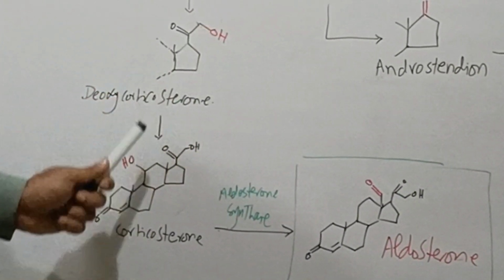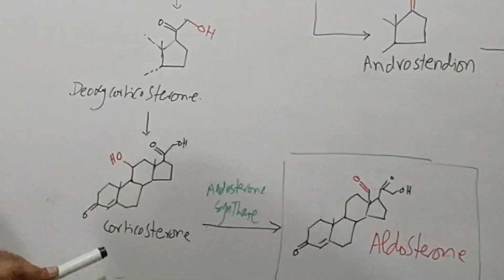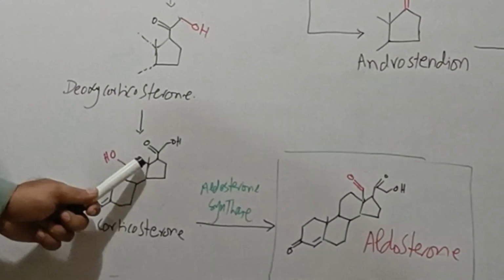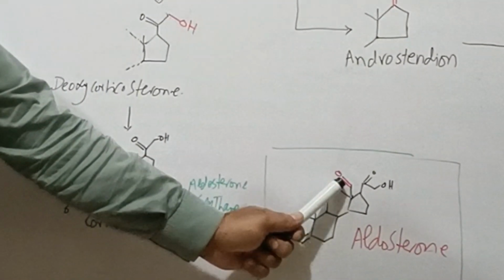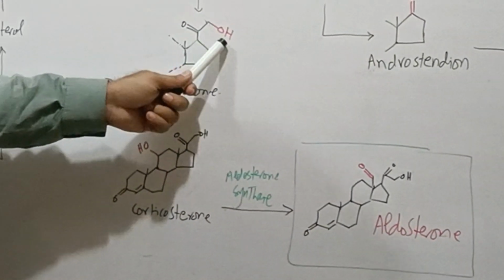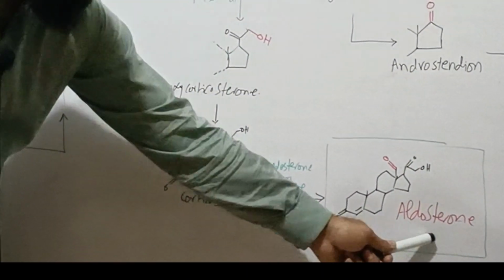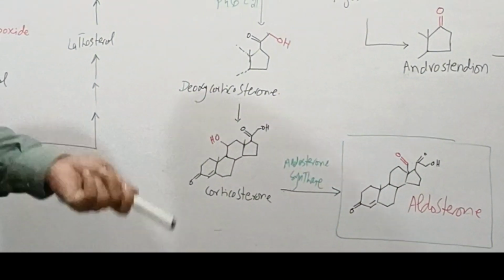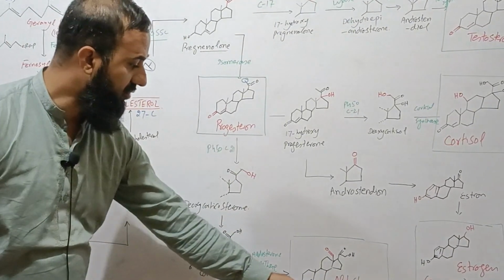The rest of the structure remains the same as previous and we get corticosterone. This corticosterone undergoes oxidation at this carbon represented in red. The changes which occur during each reaction are highlighted with the red pointer. So ultimately we obtain aldosterone. So two steroidal hormones are prepared, one progesterone, the other aldosterone.